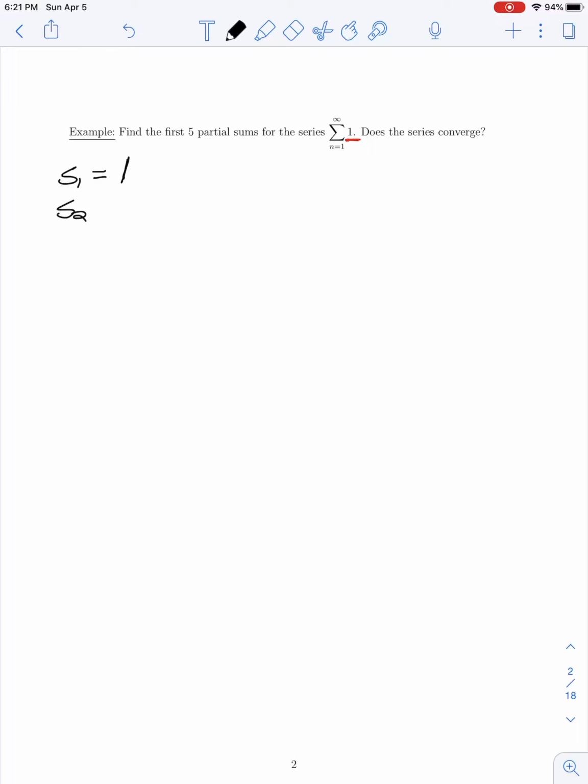Then S2, our second partial sum, is the sum of the first two terms. Here we would have 1 for the first term and 1 for our second term, since it's defined as a constant term 1. So our second partial sum would be 2. Our third partial sum would be 1 plus 1 plus 1, or 3.